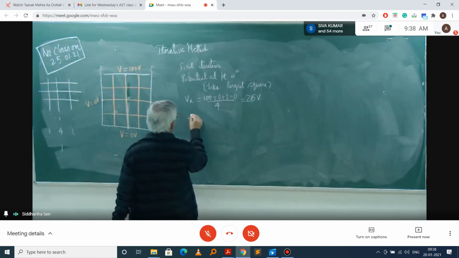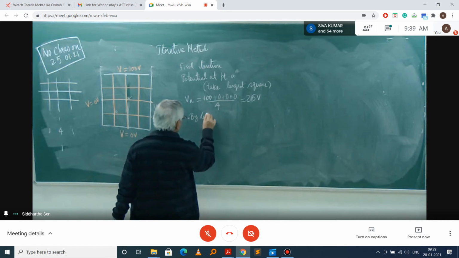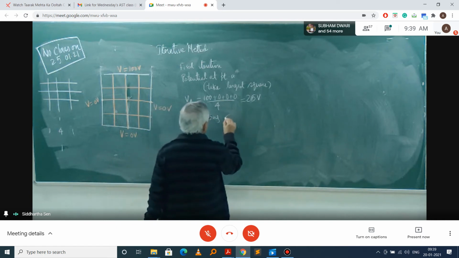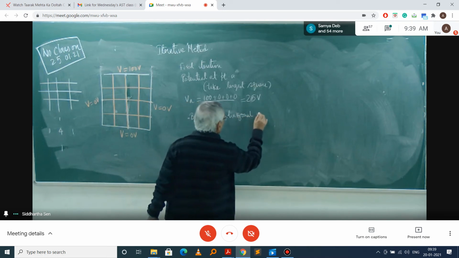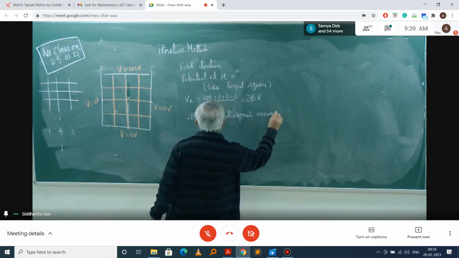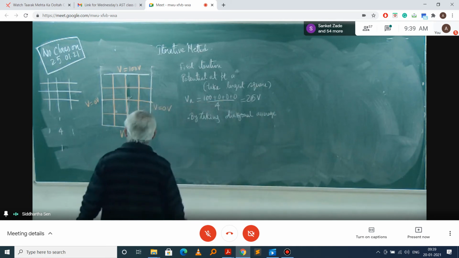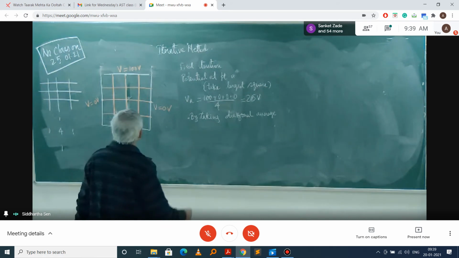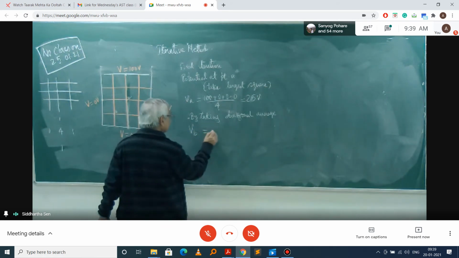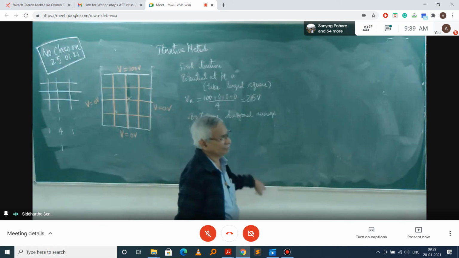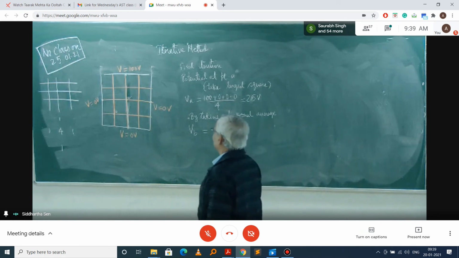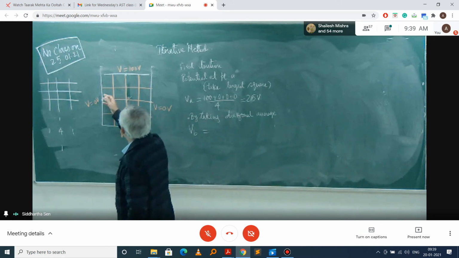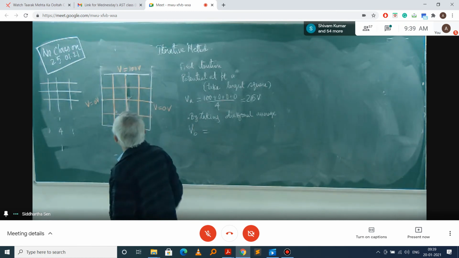So VB by taking diagonal average, because I know that it is a very rough approximation. VB is not at all given in your equations, but I say that okay, if I take the corner points, because these points are not there, and try to find out there.